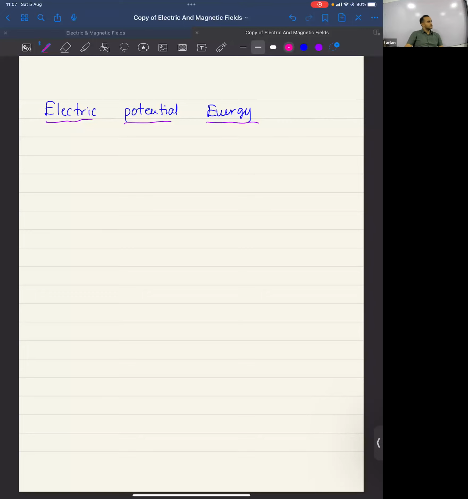I repeat. Now let's assume he is a charge. This is a nice ball, and this is a charge. This charge is, let's say, 100 coulombs.